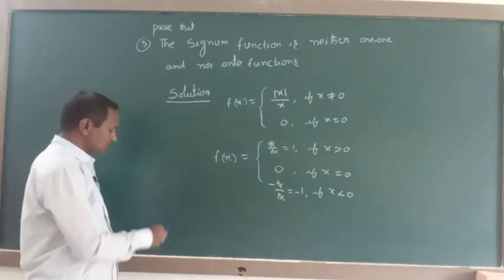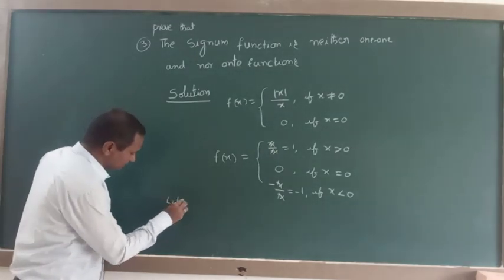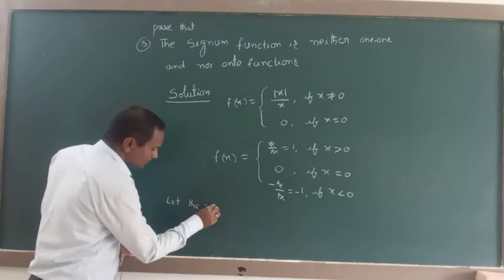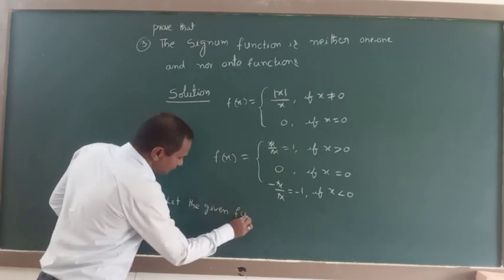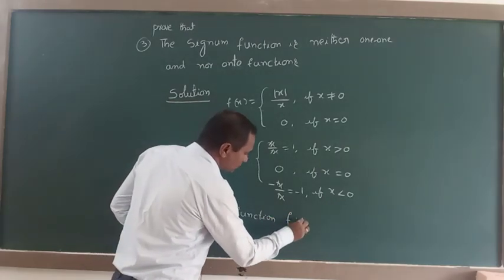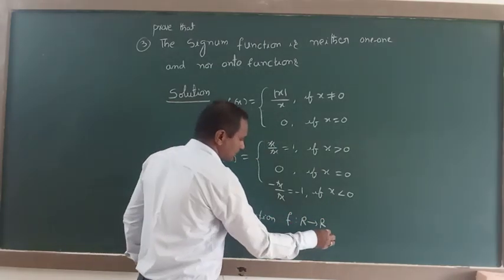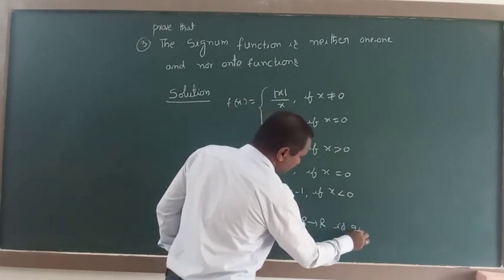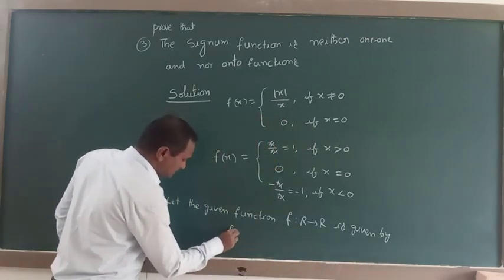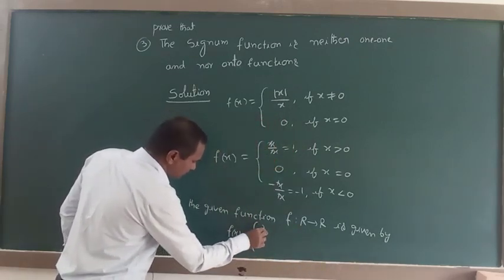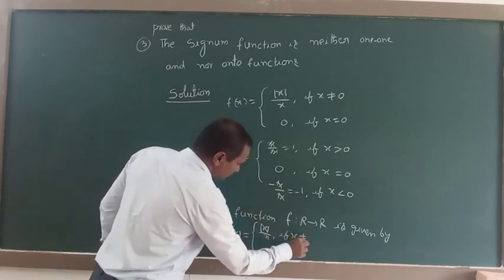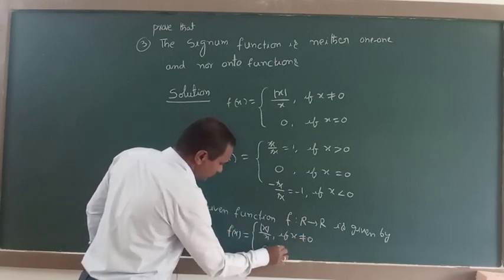Actual definition is: let the given function f map from R to R, given by f of x is equal to modulus of x divided by x if x is not equal to 0, and 0 if x is equal to 0.